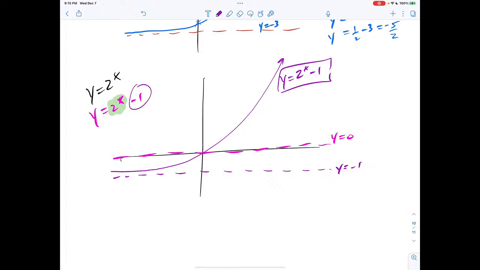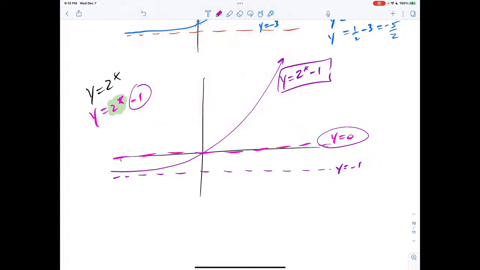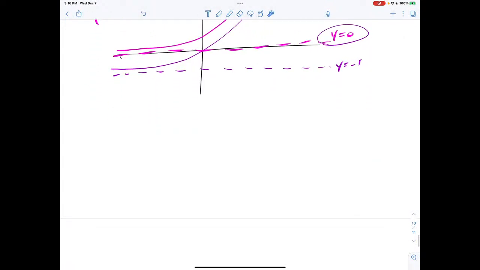Originally, this is y equals 2 to the x, and then you're shifting everything down, so the horizontal asymptote shifts along with it. So it becomes a vertical shift.